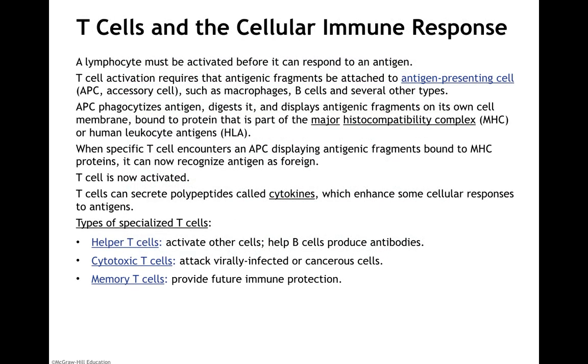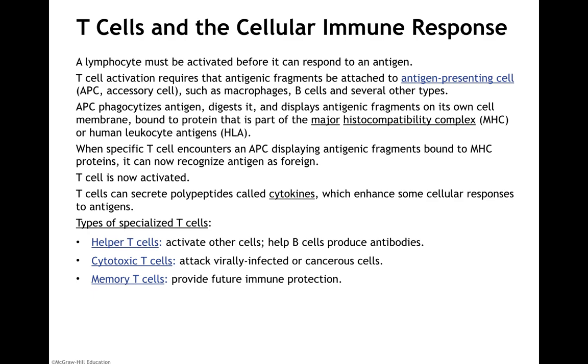So a lymphocyte has to be activated before it can respond to antigen, and that requires the use of an antigen-presenting cell, an APC, and those tend to be macrophages, B cells, or some other types. Antigen-presenting cells phagocytize antigens, digest them, and display fragments on their own cell membrane, bound to a protein that's part of the major histocompatibility complex, or MHC, sometimes referred to as human leukocyte antigens.